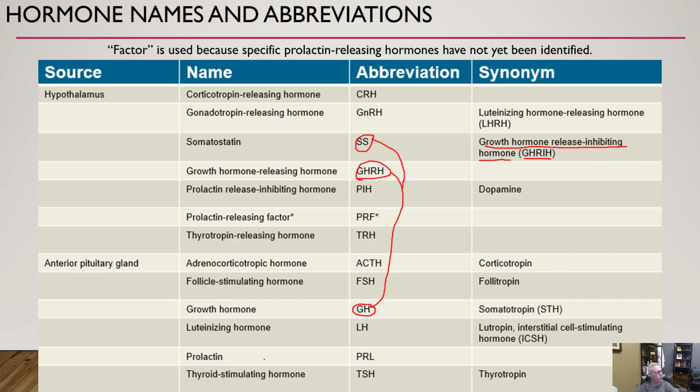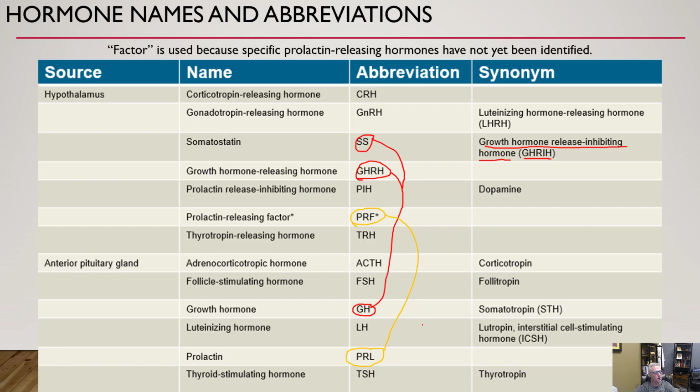All right, prolactin. We'll do orange for prolactin. We don't know, but we're going to assume that prolactin is released by this PRF, this prolactin releasing factor.